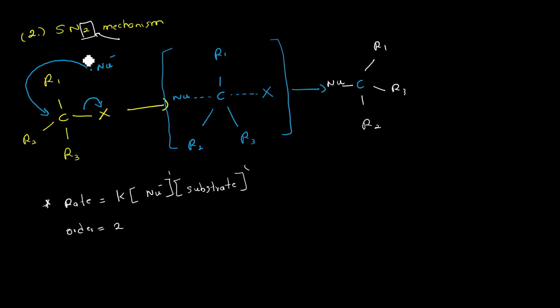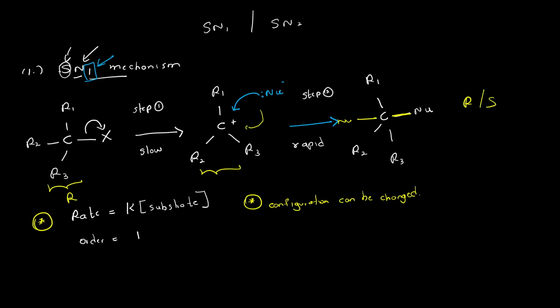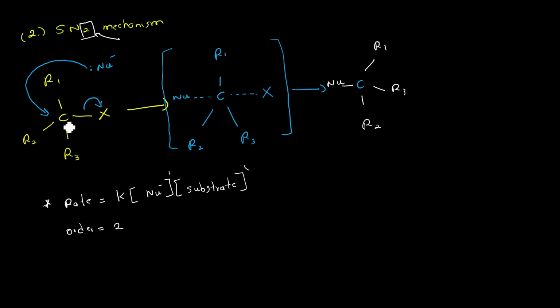Some people misunderstand this, thinking the number represents the number of steps of the mechanism. No, it doesn't represent the number of steps, it represents the order. So you can see the SN1 mechanism is a first order reaction, only the substrate is involved. In the SN2 mechanism, it's second order, both substrate and nucleophile are involved in our reaction.